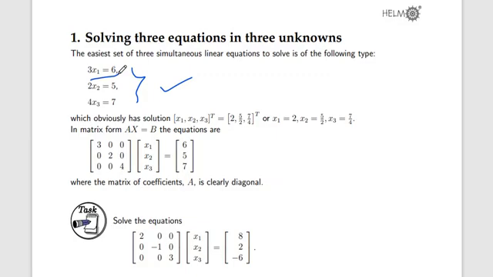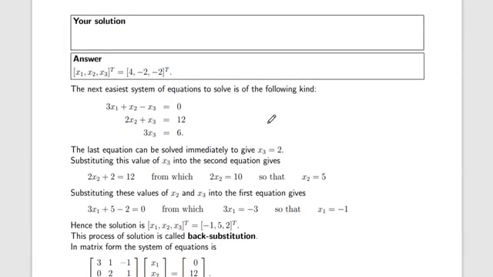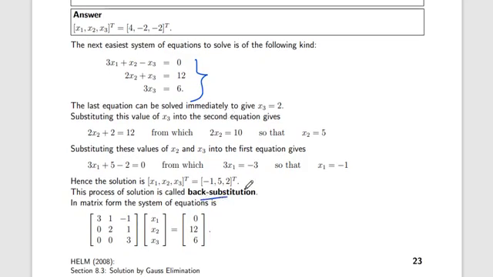But if there are 3 unknowns and 3 linear equations, then we can solve these linear equations easily with the help of matrices, Gaussian elimination, and Gauss-Jordan. Okay, so the Gaussian elimination method solves linear equations with the help of matrices. Okay, so first of all we have this linear equation, back substitution.